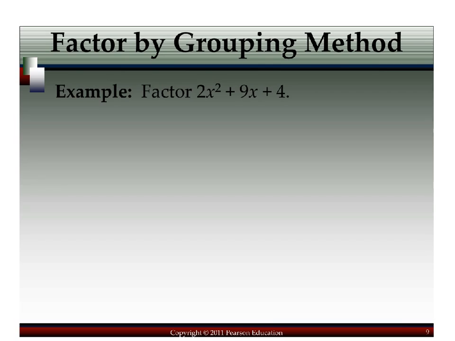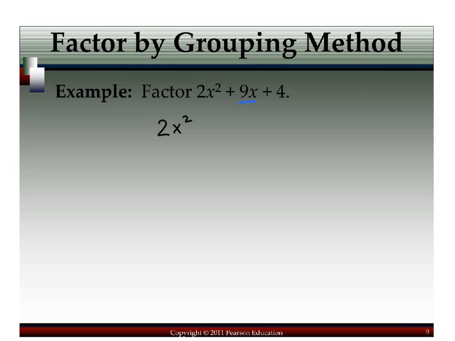Now, factoring by grouping on this one, I only have 3 terms here. So what I need to do is split this middle term right here into 2 different terms in which I can factor out something with the first 2 terms and then the last 2 terms. So my middle term, what I'm going to do is this.